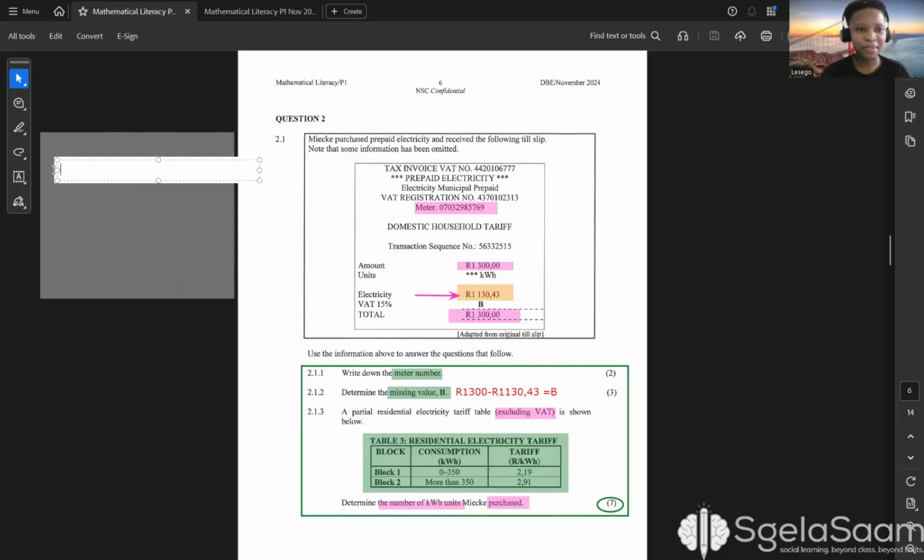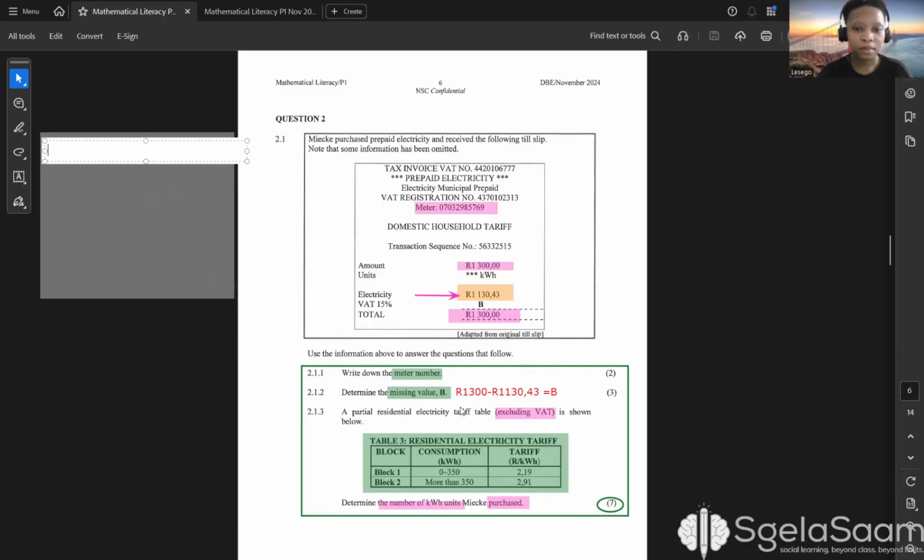Now we're going to use the tariff structure to calculate the amount of units that were used based on the amount. It's going to be a bit tricky to decipher. When we look at tariffs, it's a bit of a lengthy one, especially since we're only given the amount that was used, and not the number of units, which is what we're looking for now.